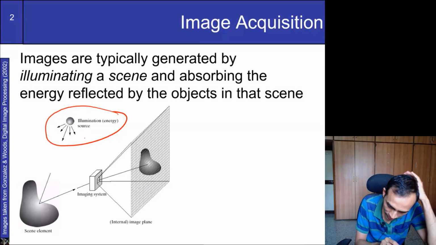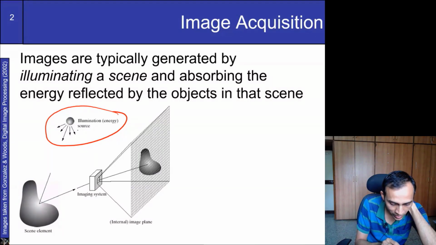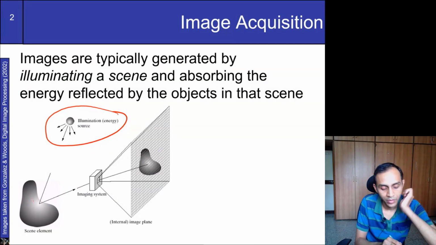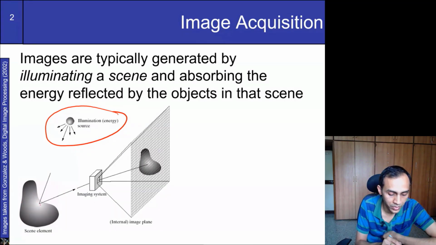But the idea is that there has to be some energy source, and when those energy rays illuminate the scene element, they get reflected. Some part of it may get absorbed by the object, because the object itself has its own properties.